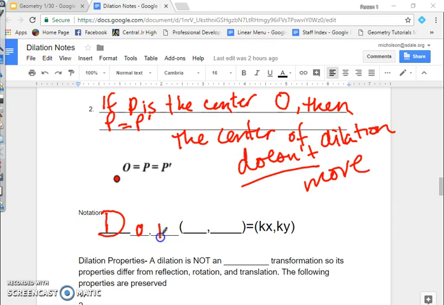K, your scale factor. So, a dilation of wherever your dilation center is, which may or may not be the origin. Y'all keep saying origin, it's not necessarily 0, 0. It can be anywhere, okay? So then you have X and Y. So basically what you're doing is multiplying your scale factor by X and your scale factor by Y to get Kx and Ky.